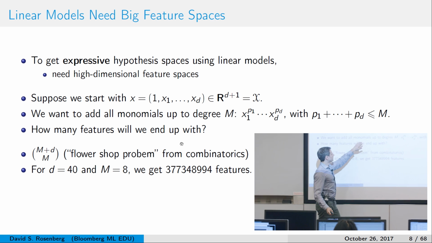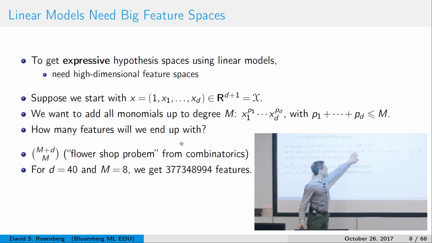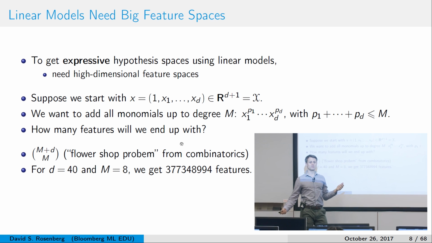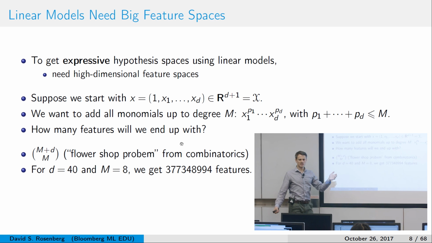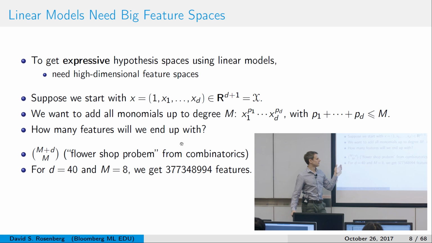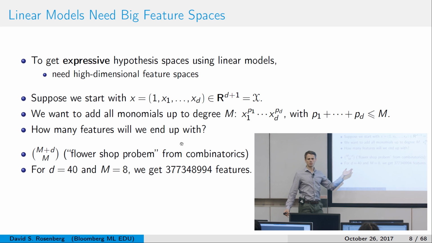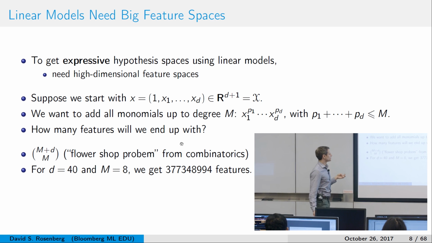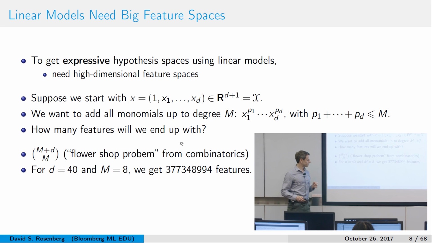What do I mean? When we add all those monomials, it's not like most of them are going to be 0. They're all going to be non-zero in general. So this is not a situation where we have sparse feature vectors like on the SVM homework. This is going to be very heavy to work with.